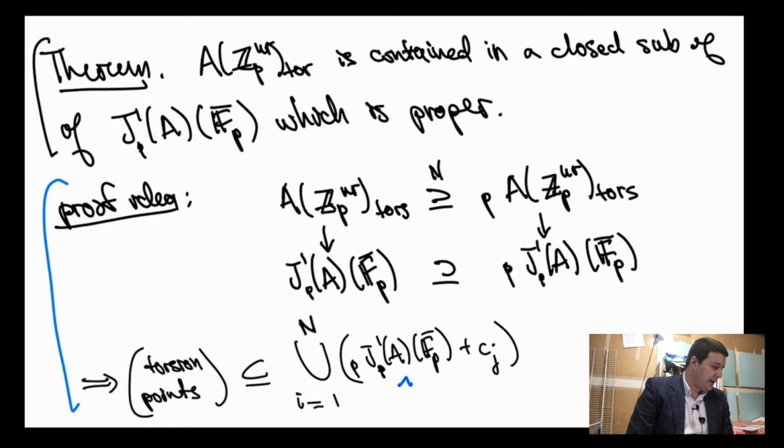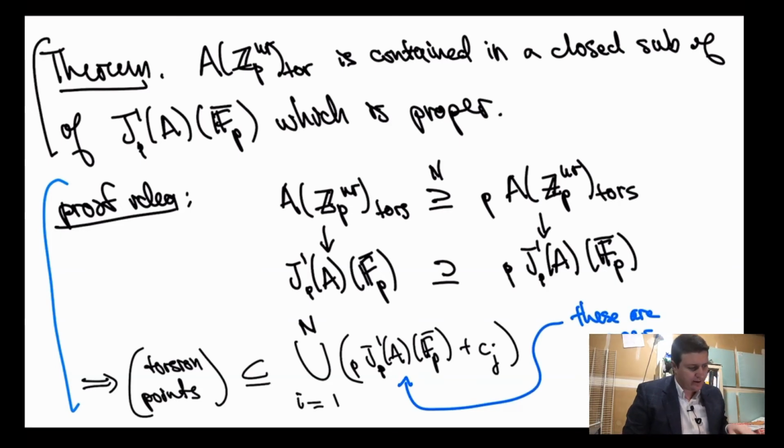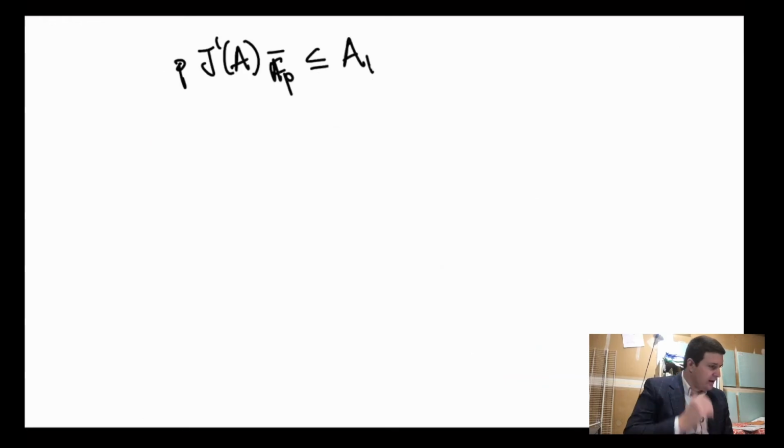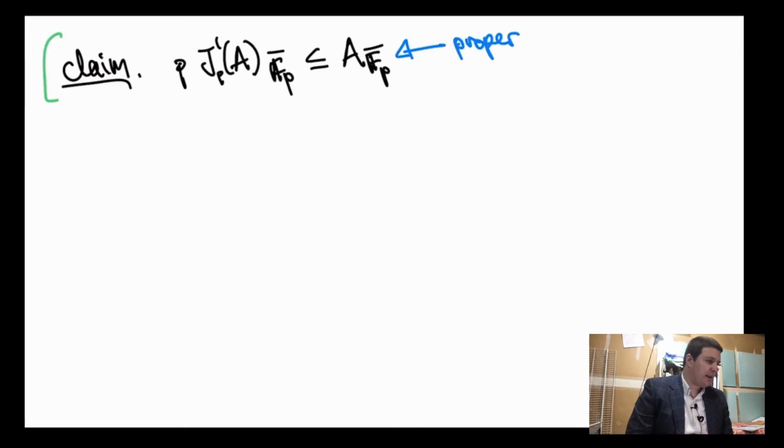Okay, so the torsion points are contained in finitely many cosets of this, and what we're going to show is that the p times the jet space thing is proper. So the claim is that this subscheme is proper.